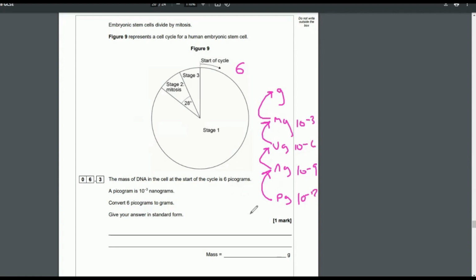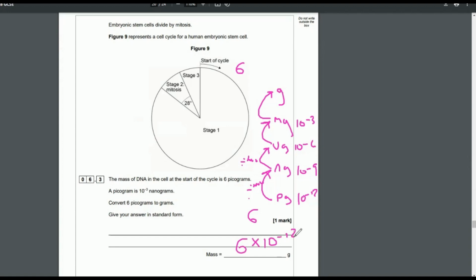We're starting with 6 picograms. On the way up the ladder, you divide by 1,000 each time. On the way down, you multiply by 1,000. It's kind of counterintuitive. So 6 divided by 1,000 four times, and I'm going to get 6 times 10 to the minus 12.